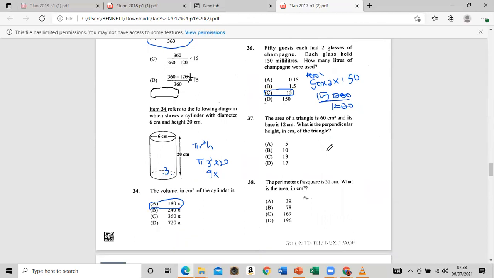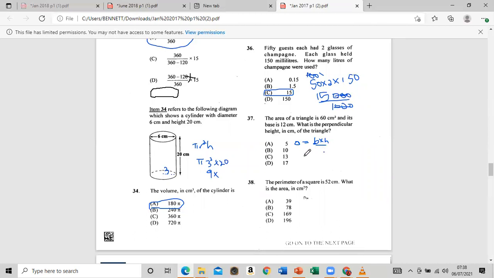All right, the area of a triangle is 60 centimeters square and its base is 12. What is the perpendicular height of the triangle? So we can use trial and error, or we can just say the area is equal to base times height divided by 2.